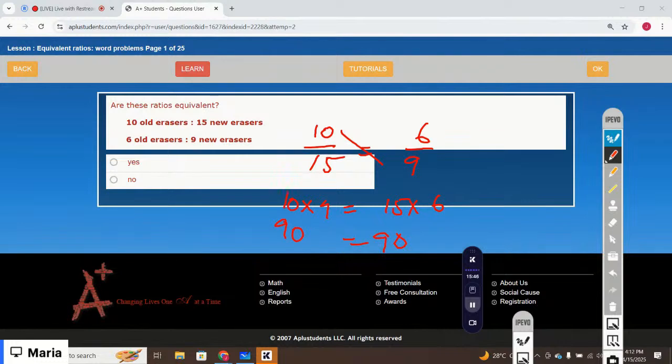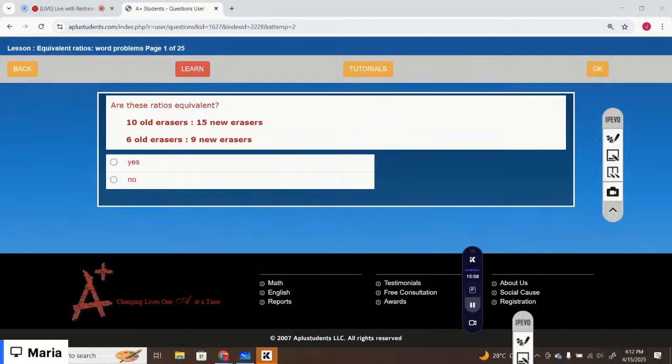So yes, they are exactly equivalent. Option number 1 is the correct option.